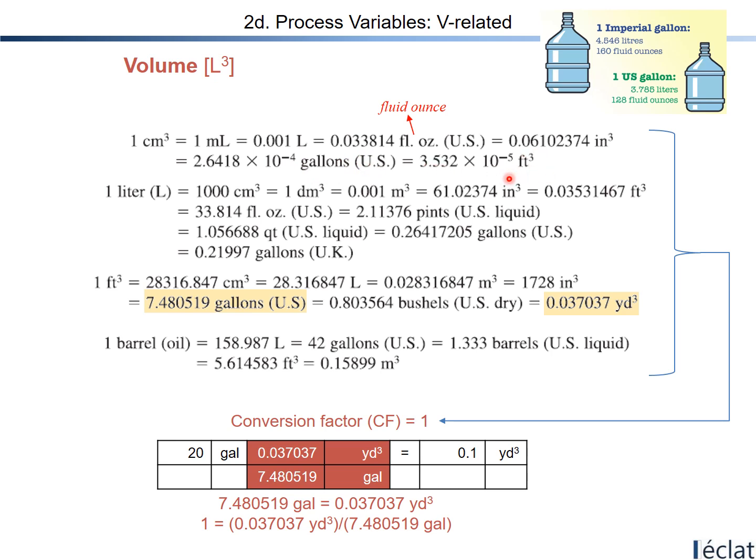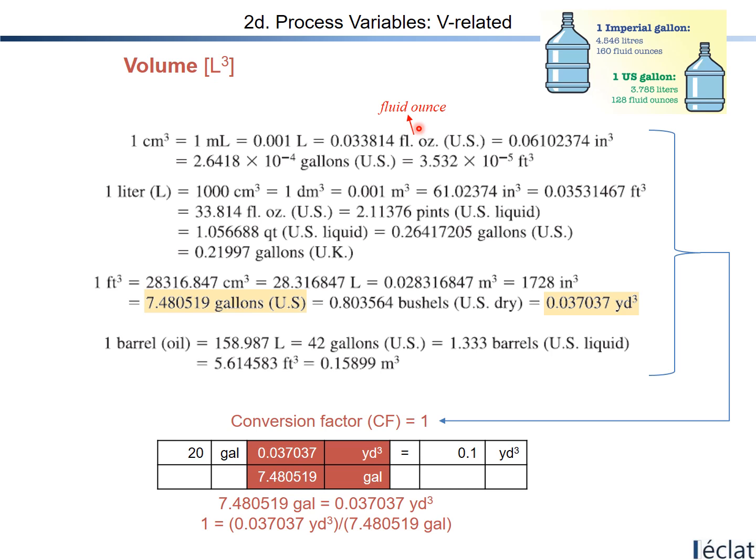For the fluid ounce and gallons, I have put the US after the unit. Why? Those units are used in US and UK, United States and United Kingdom, I mean British or England. They are using apparently same units like fluid ounce and gallons, but the quantities are different.